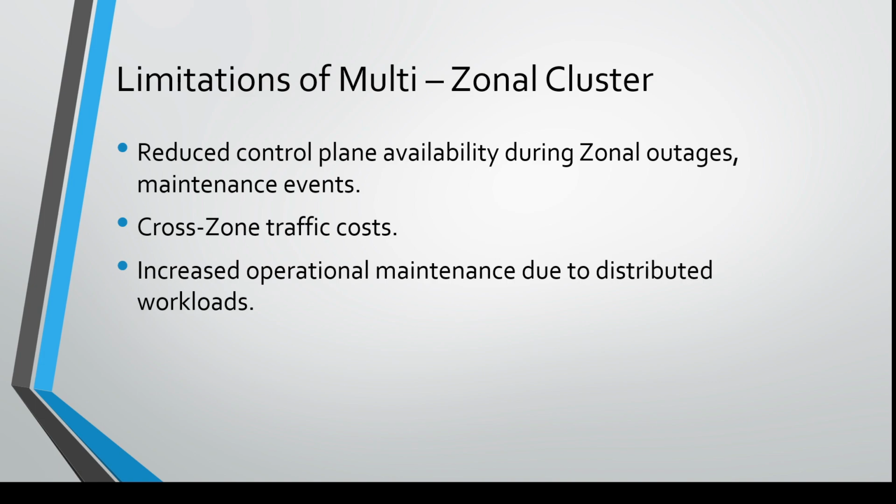And the next thing is cross zone traffic costs, right? So when you deploy your node pools, the worker nodes, across multiple zones, what happens is when your workloads from different zones communicate with each other, there is traffic getting transferred between zones, right? So basically Google charges for inter-zone network traffic, so there is some minimum cost for that.